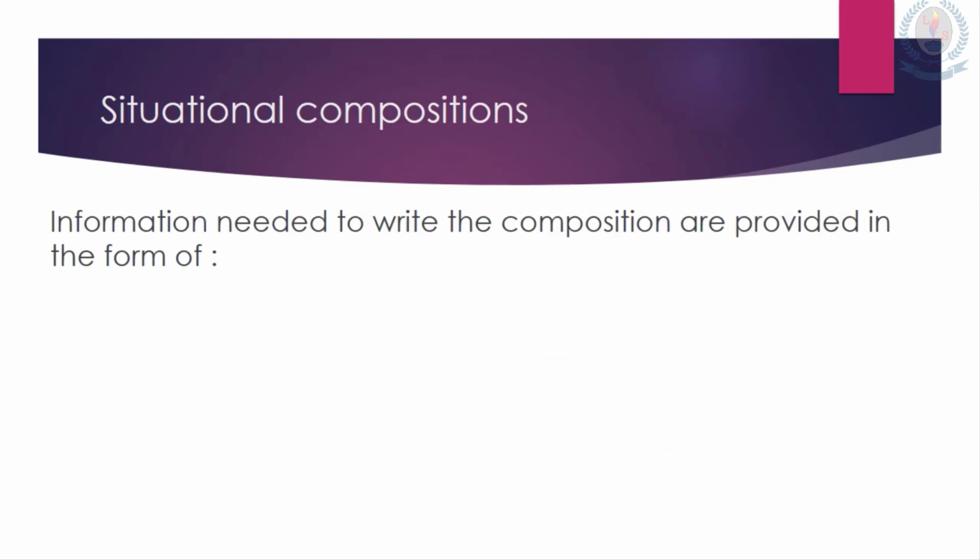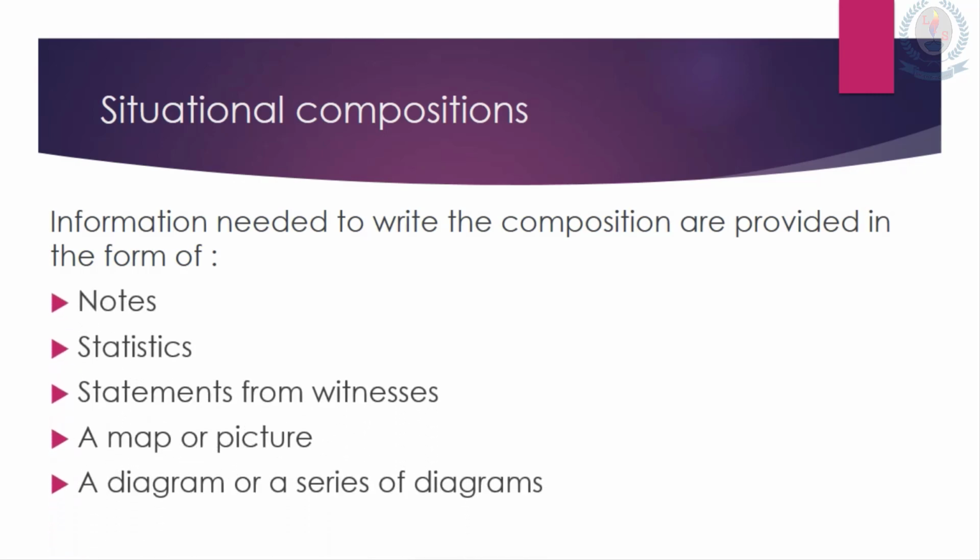Situational compositions. In a situational composition, information needed to write the composition is provided in the form of notes, statistics, statements from witnesses, a map or picture, a diagram or a series of diagrams. You are given all the information.